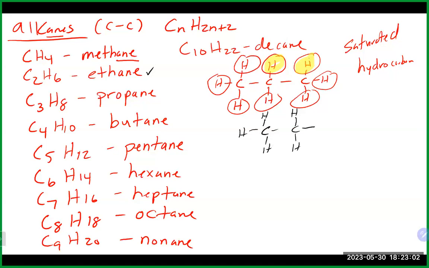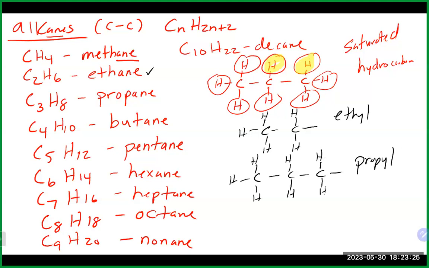If we took off one of the hydrogens, it has 2 carbons based off of ethane, this would then become an ethyl group. If we did our propane, and again took off one of the hydrogens to allow it to connect in, that has 3 carbons, which is based off of propane. This would then be a propyl group.